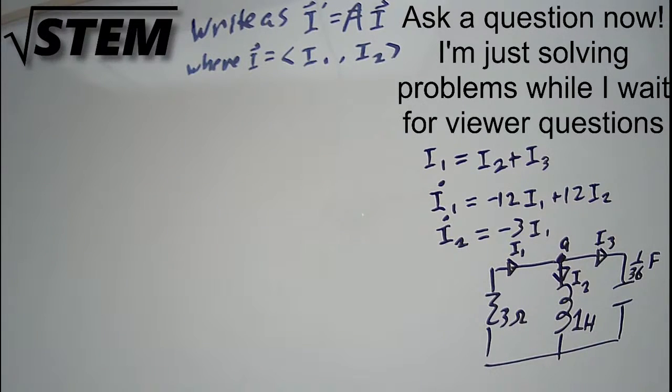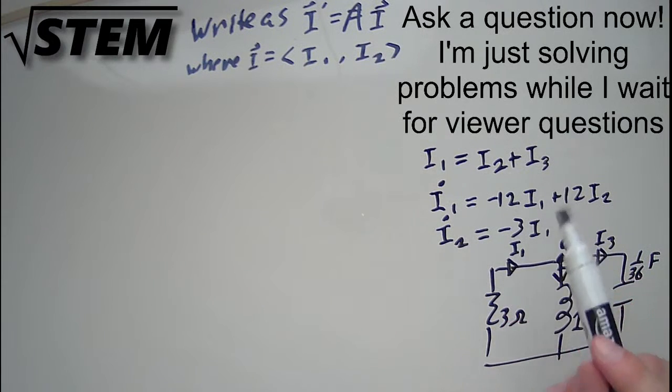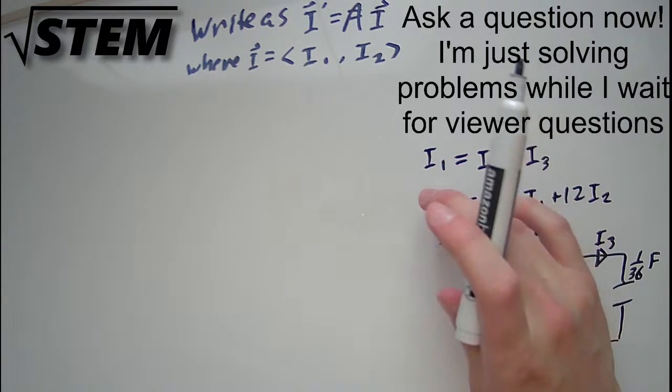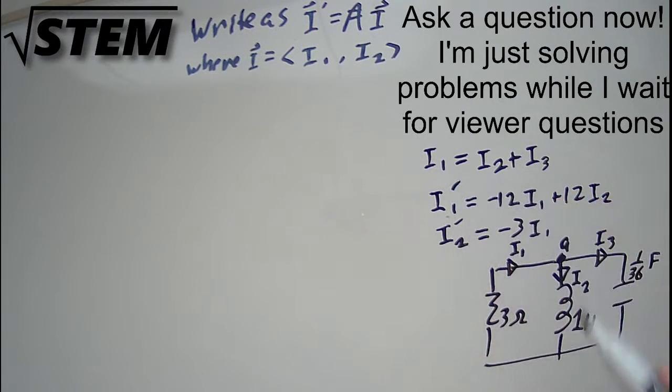Okay, so to do that, we basically are going to just adapt these coefficients and write a matrix. So we have an I1 prime. I guess I will do prime since the vector notation it gave us uses prime. We have a coefficient for I1 and a coefficient for I2.